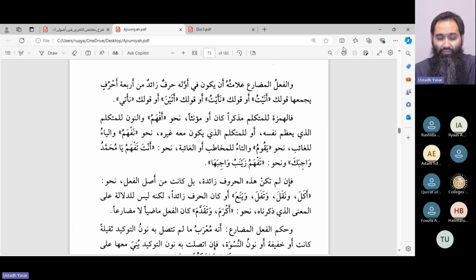When the harf is either asli or it is zaid but doesn't give you the meaning that we're talking about for fi'l mudari, then in each case this fi'l cannot be mudari. It will be madi. Okay, as you can see. I hope that is clear so far.